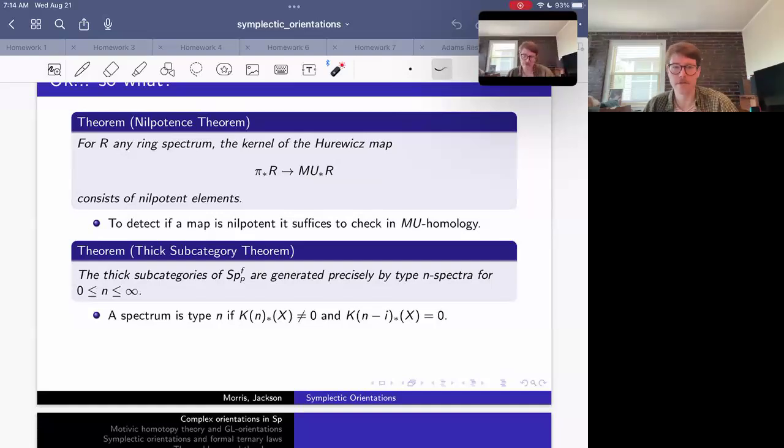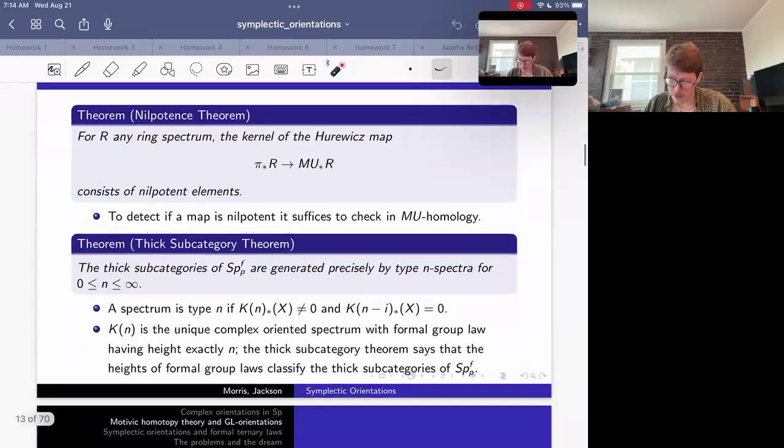A spectrum is type n if it has a property involving Morava K-theory. Morava K-theory is the unique complex-oriented spectrum that has a formal group law of height exactly n at a prime p, which I'm implicitly doing now. The thick subcategory theorem says that the heights of formal group laws classify the thick subcategories of the category of spectra at a prime p.